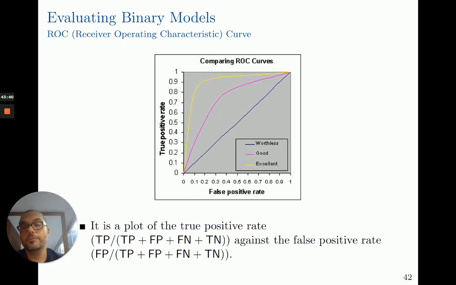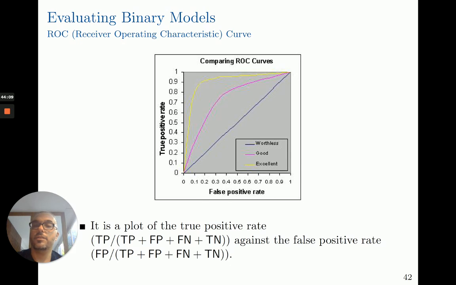Okay, so if we have a straight line here, the model is worthless. It's like you're just flipping a coin to decide if it's success or failure. Okay, if you have some kind of the purple line, it's a good model, but it will be an excellent model if it's a very steep curve here.